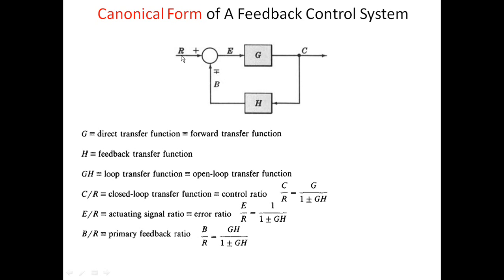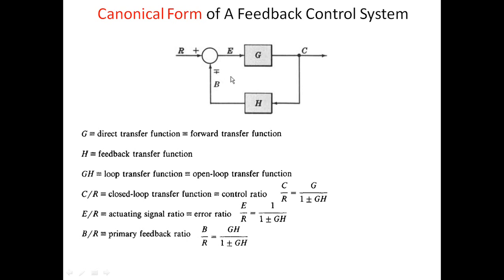Then C by R is the control ratio, because C is the controlled output and R is the reference input. Mathematically we get C by R equal to G upon 1 plus or minus GH.